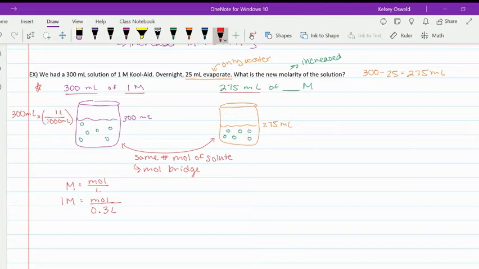So I multiply each side by 0.3. I'll find that my original solution had 0.3 moles of Kool-Aid.